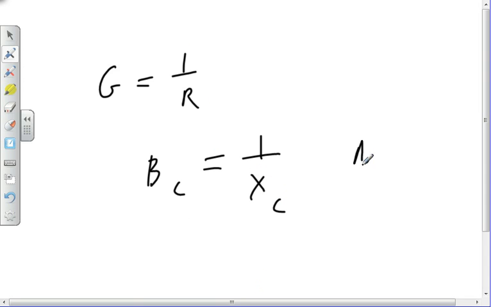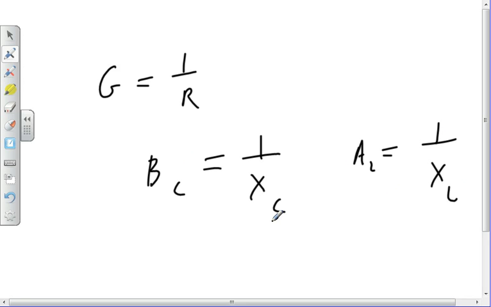And B sub L is 1 over XL. The admittance has to do with inductance. The susceptance has to do with inductance. The admittance has to do with capacitance. Neither of those things have I ever used in polite talk any place other than this particular time every year.